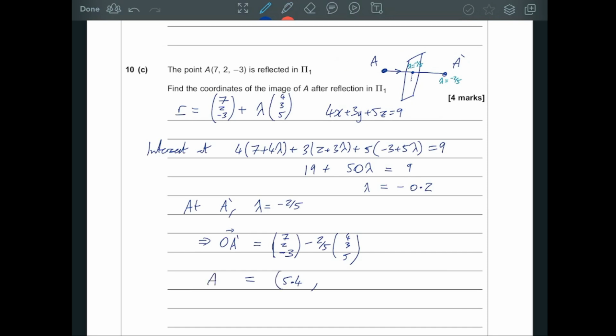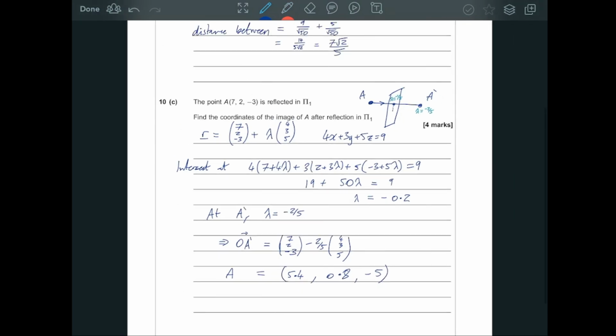I'm going to write it back as a coordinate because that's what the question wanted. 2 minus 0.4 times 3. And negative 3 minus 0.4 times 5. And that is the image after the reflection.